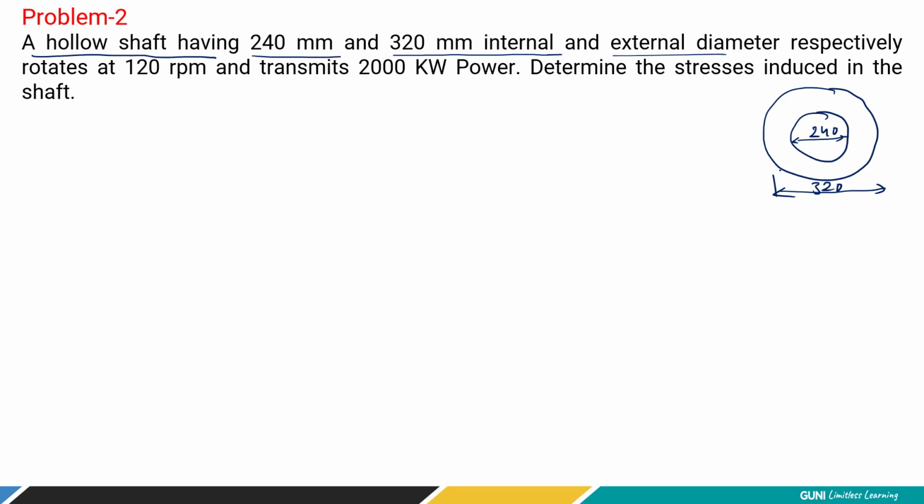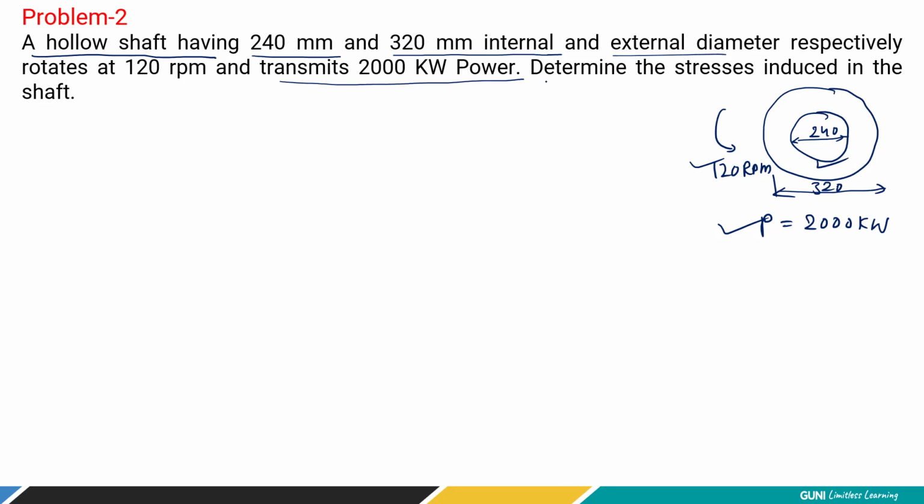Okay, and it rotates at 120 RPM and tries to transmit 2000 kilowatt power. Here we have everything: power, dimensions, and RPM.